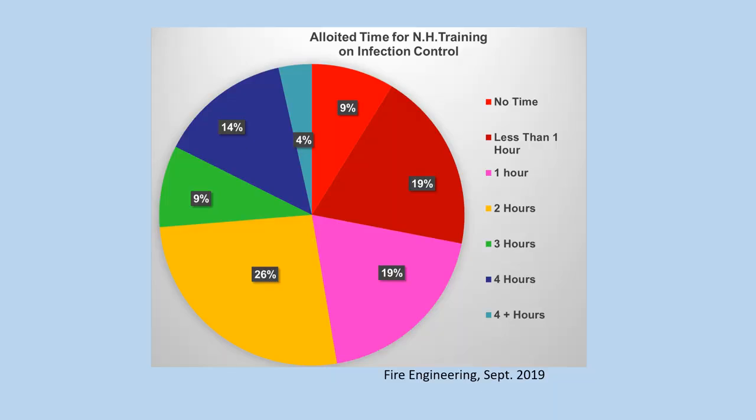Now, recently, actually 2018, I conducted a survey nationwide looking at how much time departments across the country were allocating for infection control being addressed in new hire training. And this was published in Fire Engineering in September of last year.